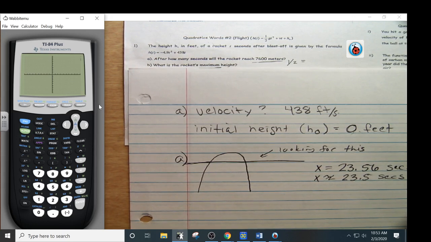Now, somebody tell me how I find my vertex. How do I find the vertex? Zoom 0. You'll have to press enter with that. Now, it doesn't matter about that straight line. All right, now, zoom 3, enter.